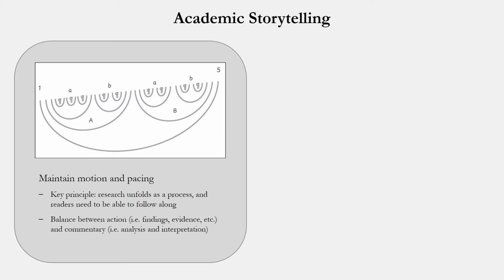Practically, this plot-like argumentative line requires a balance between action and commentary, between evidence and analysis. Or to use the 5-point scale from the previous slide, level 4 or 5 elements with level 1 or 2 elements. You want a narrative that's neither too thin, in terms of skimping on analysis, nor too thick, in terms of analysis that's too dense, difficult to penetrate.